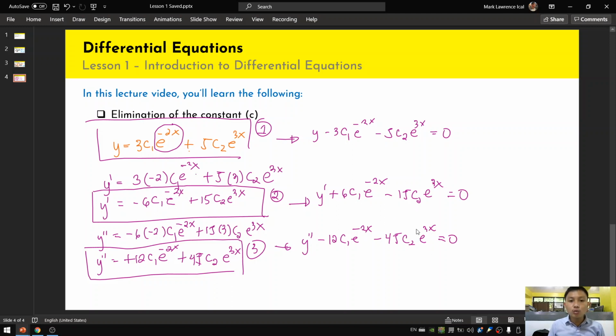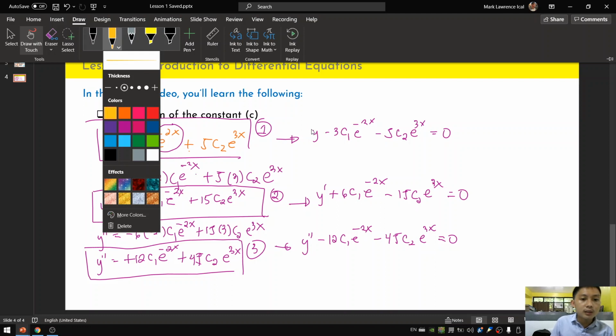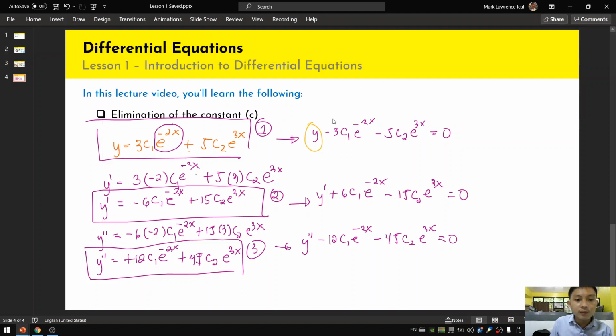Now, you're going to put this into matrix form. Now, the matrix form goes like this. So all you need to remember is only these coefficients.